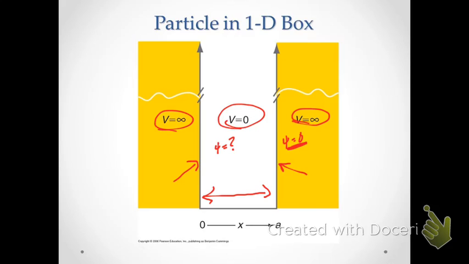That's very important. Remember, the wave function is related to probability. If there's zero probability of finding it, the wave function is equal to zero. So our quest is going to be to determine the wave function inside the box between the barriers labeled at position 0 and position A.